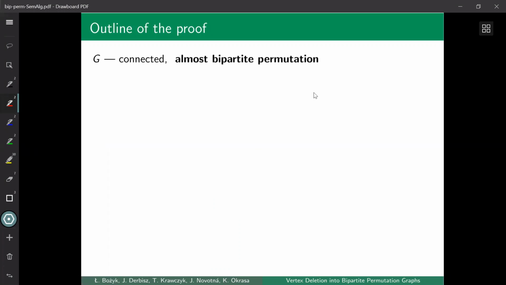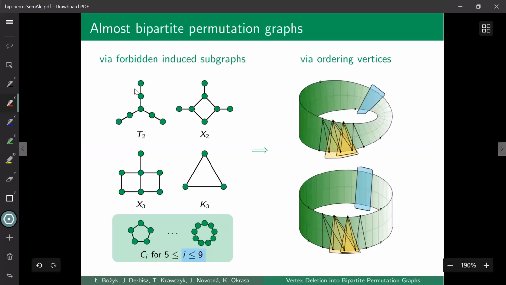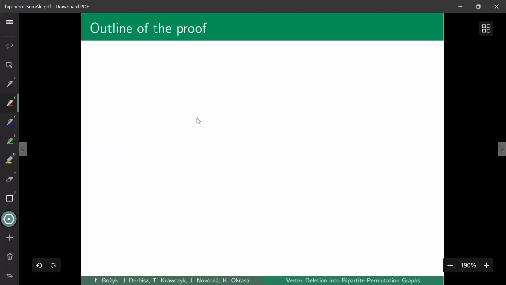If we have a disconnected graph, we can look at each part separately, and we will build this Mobius strip or cylinder structure inside each connected component. Now let's take an almost bipartite permutation graph, defined as here, which is not a bipartite permutation graph, so we have these long holes there.